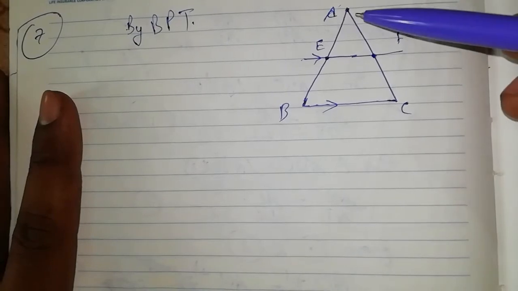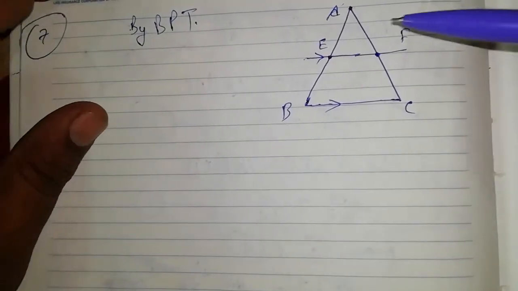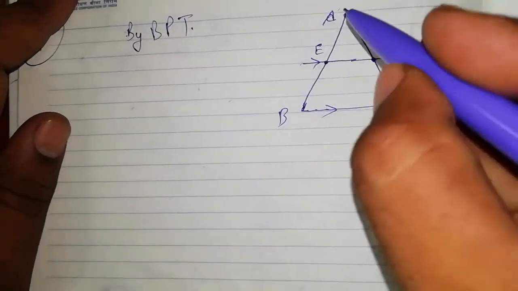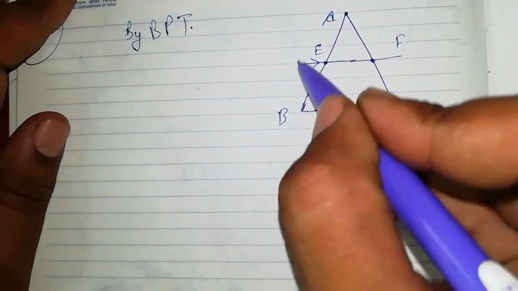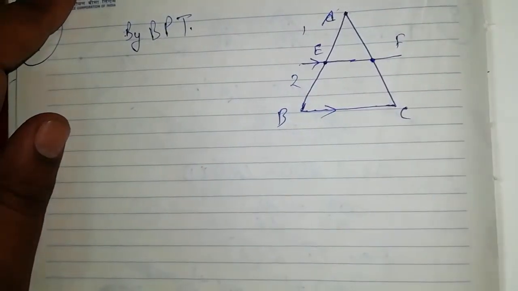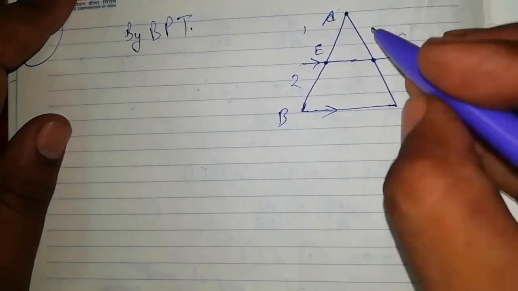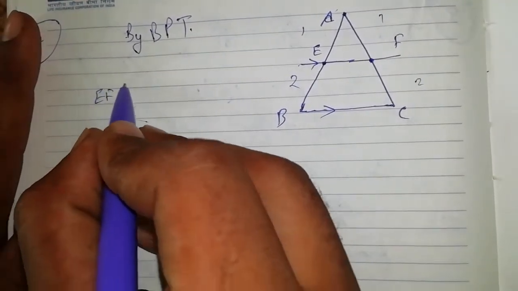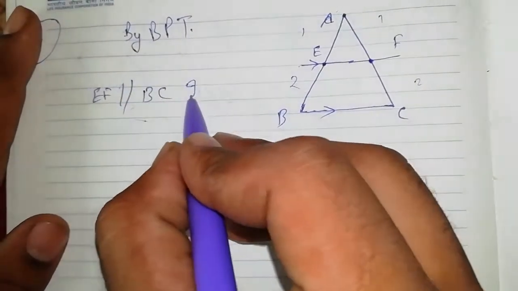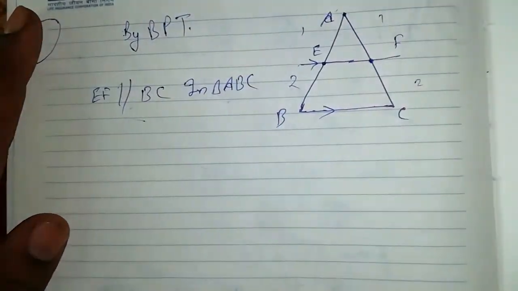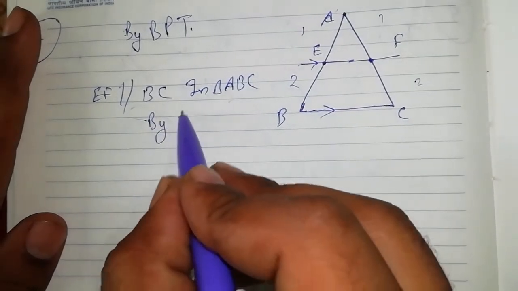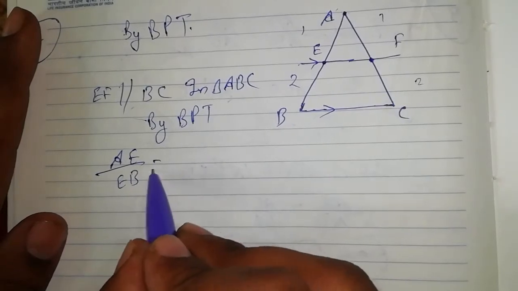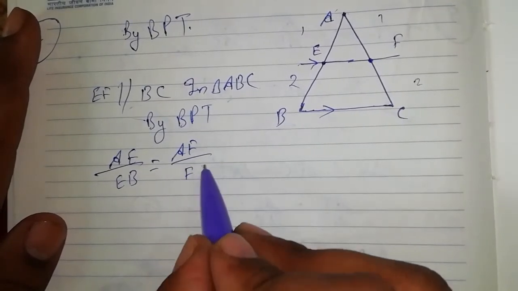What we have to prove is that it is bisecting the third side. Bisecting the third side means AF upon FC is equal to AE upon EB. If it is bisecting side AB in 1:2, then it is also bisecting AC in 1:2. So we have EF parallel to BC in triangle ABC. Simply by BPT we can say that AE upon EB is equal to AF upon FC.